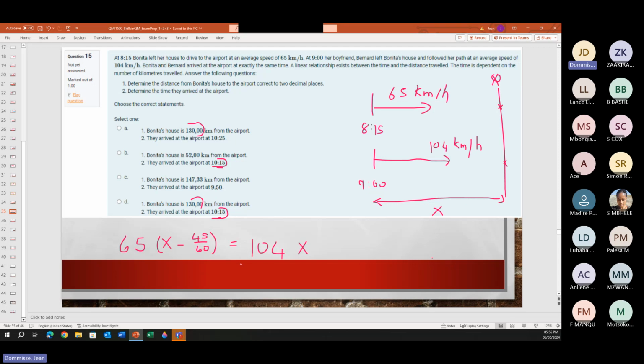I'm missing something here. I was at the airport at exactly the same time. A linear relationship exists between the time and the distance traveled. The time is dependent on the number of kilometers traveled. Ugh, my brain is a blank actually.